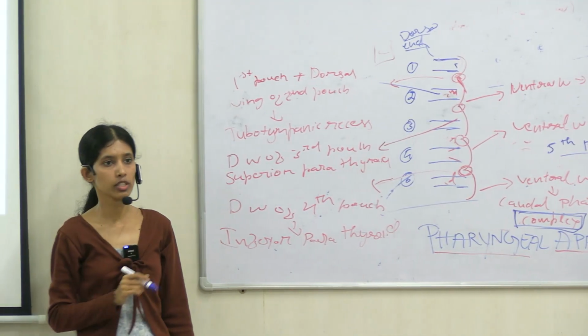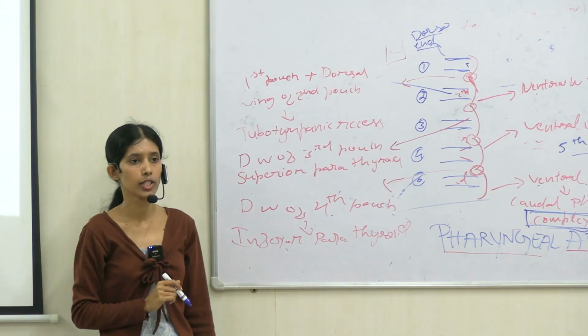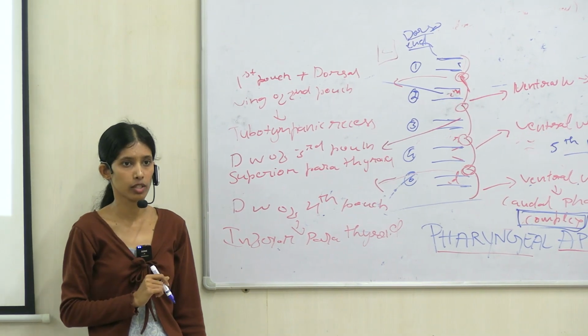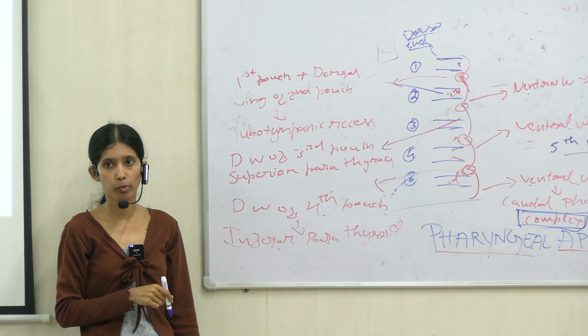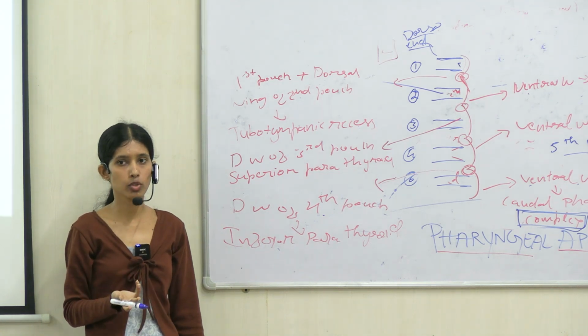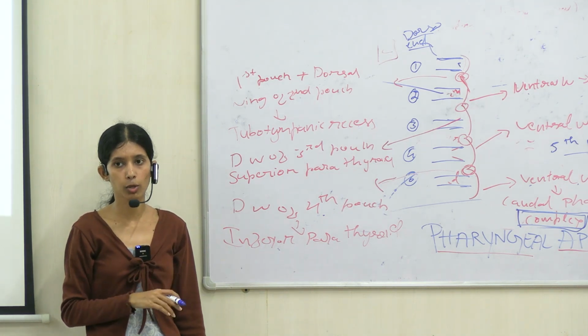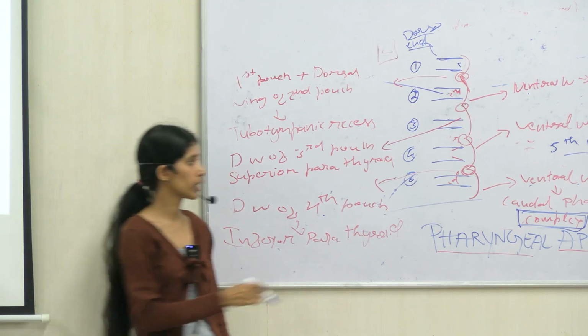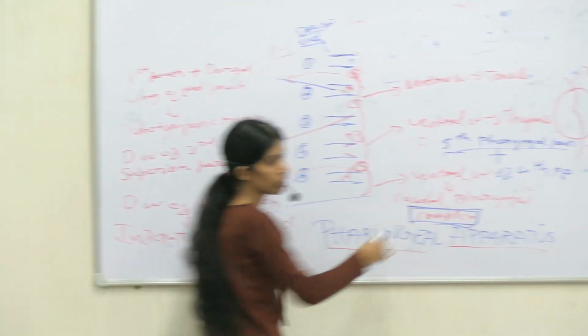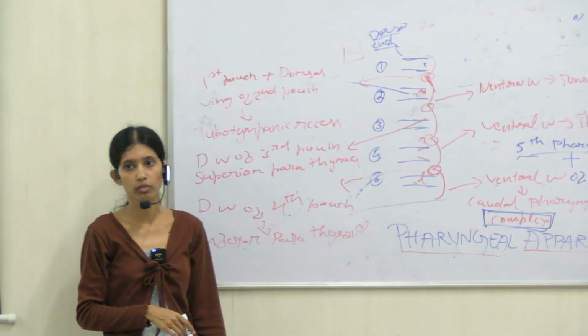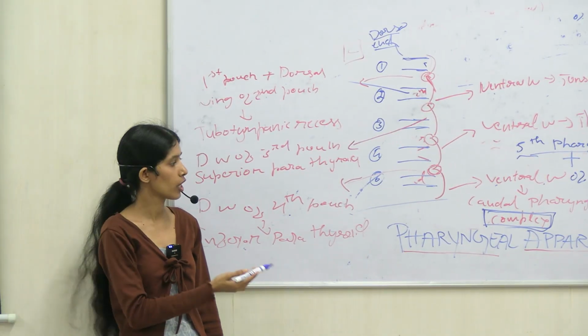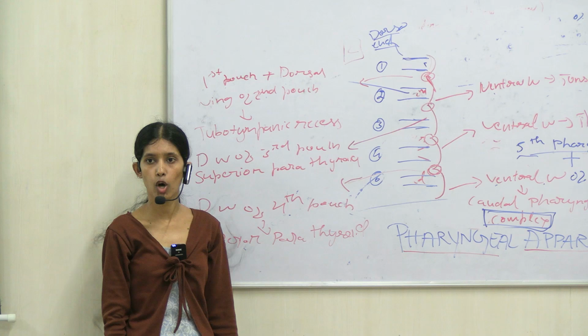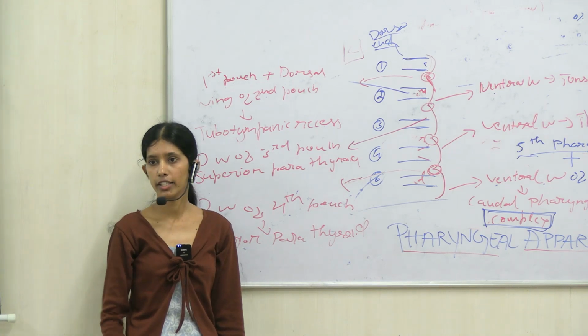In few textbooks it is mentioned only the ventral wing of fourth one will give rise to caudal pharyngeal complex. Remember both the points. As they ask question in your viva, you can answer according to that. If they mention anything about fifth pharyngeal pouch, at that time you add it for the fourth one and say it will give rise to your caudal pharyngeal complex. Any doubts in this?